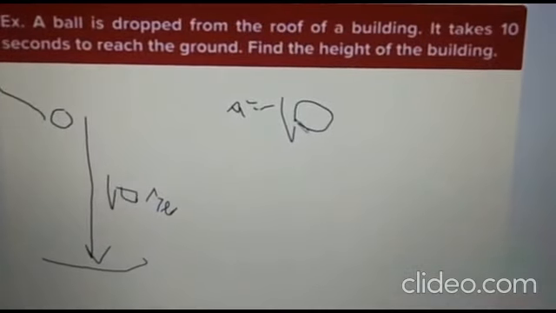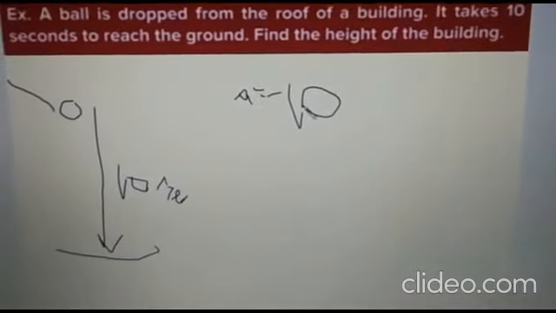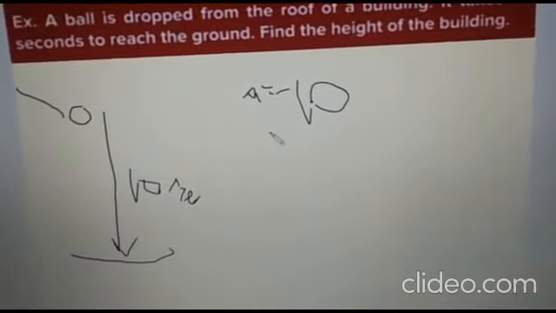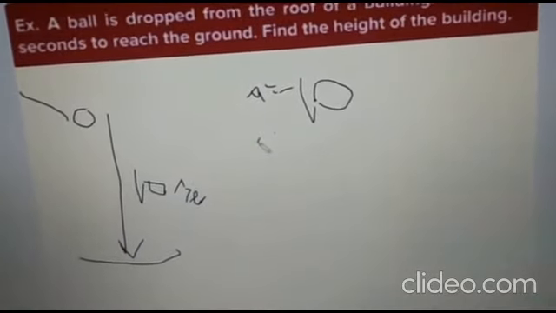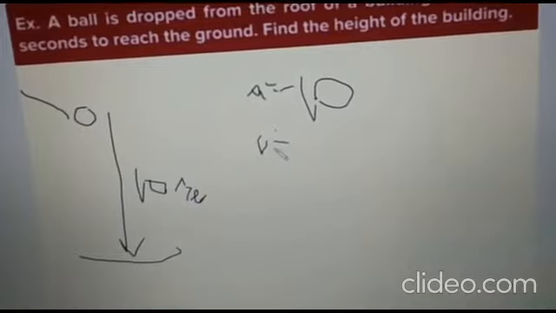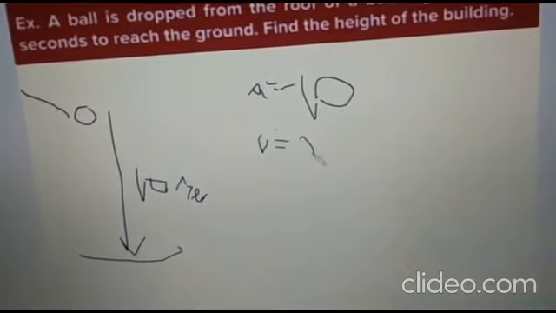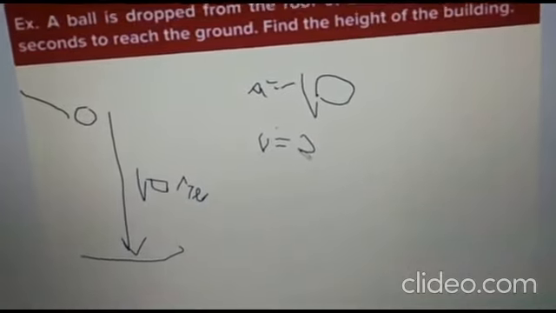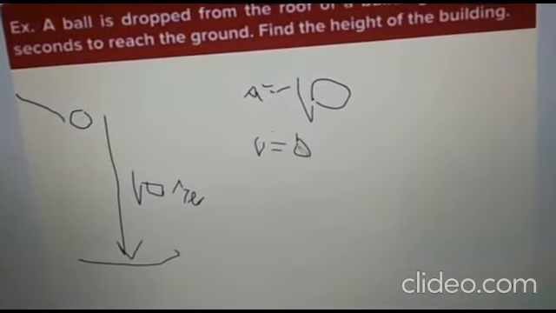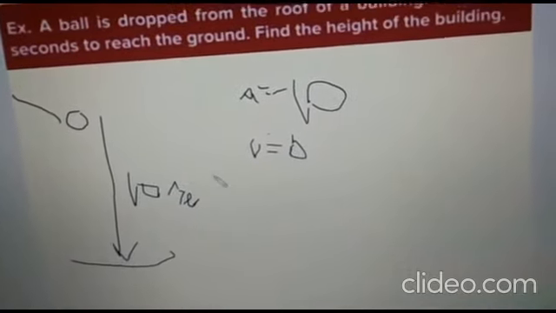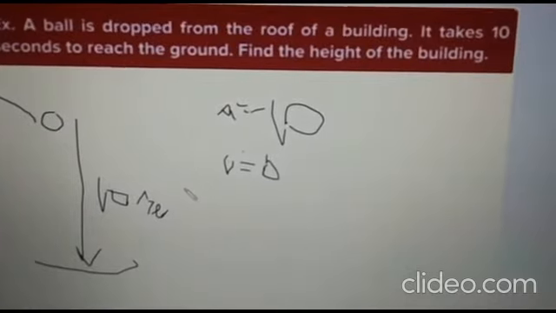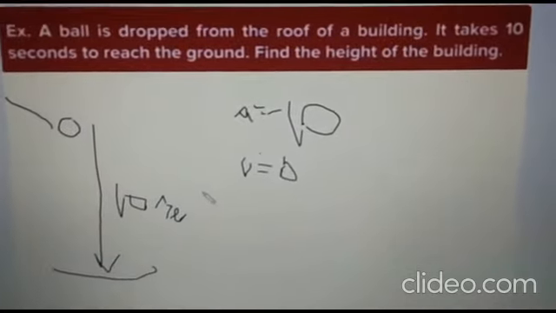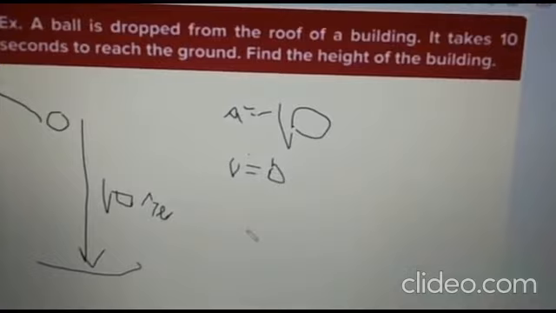Since it is dropped from the roof, the initial velocity is 0 meter per second. The time is 10 seconds. Now let us revise the equations.